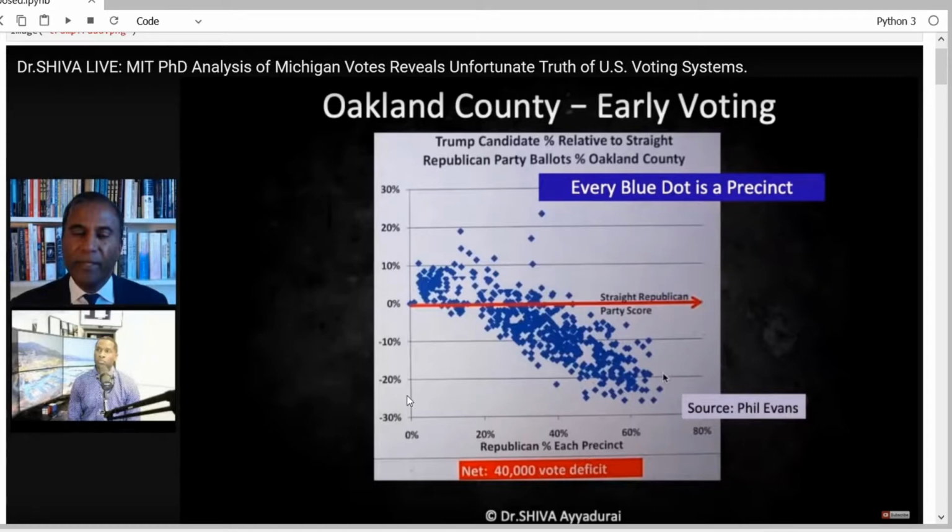So why didn't he just plot the percentage of people who voted for Trump against the percentage of people who voted for the Republican Party? That would have been what you maybe would typically think of as a correlation graph. I don't know. It doesn't add any information.